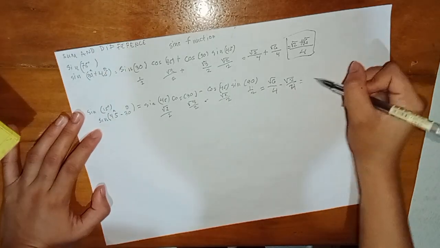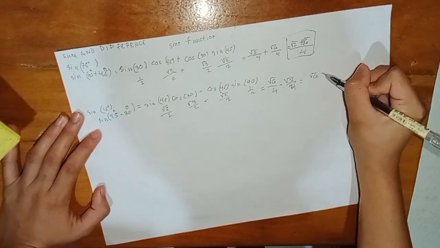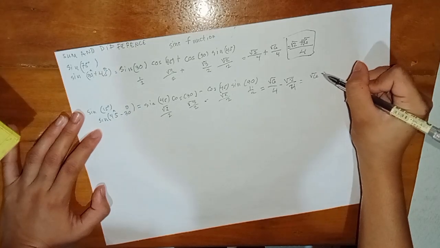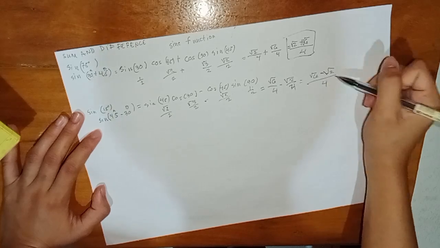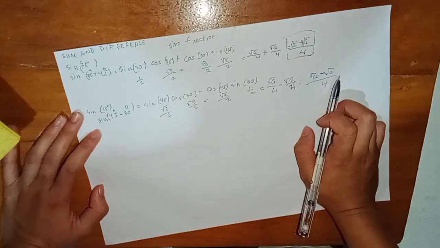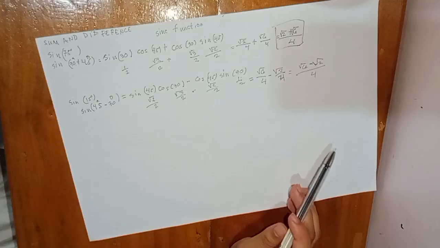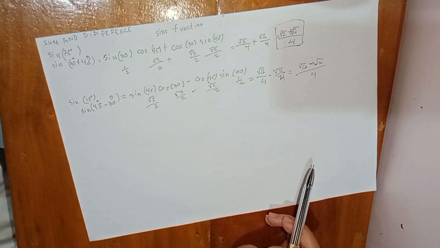So the final answer is square root of 6 minus square root of 2 over 4. We copy the denominator because they are the same.